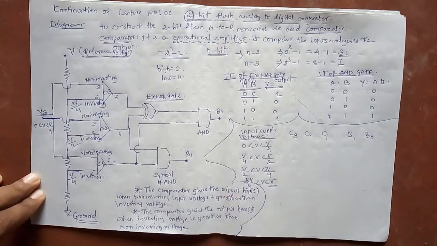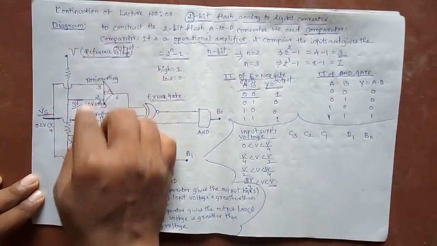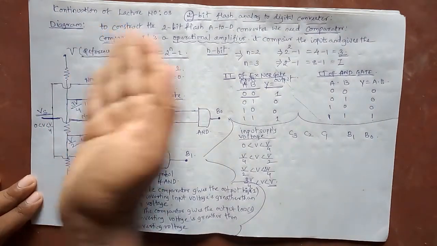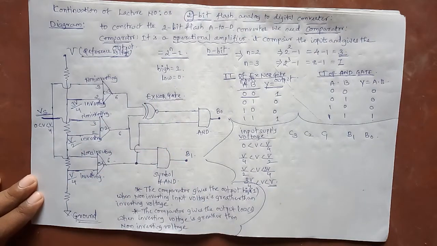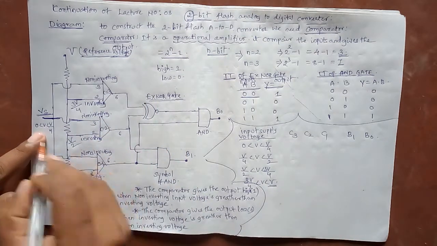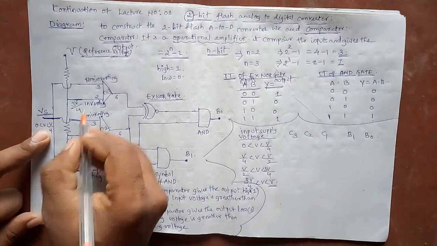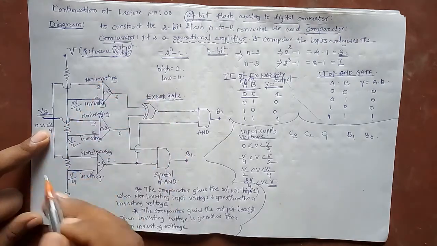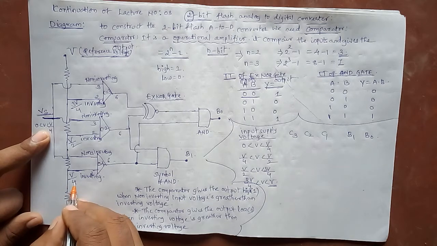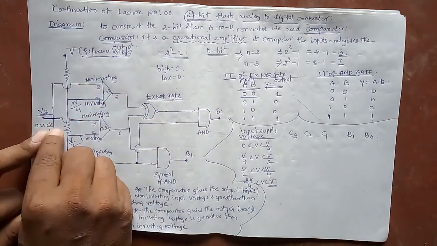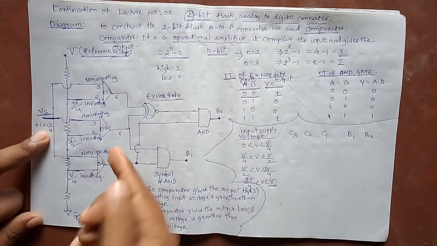Here we supply the reference voltage and here we supply the supply voltage. Compare the voltages. Here voltage is less than V/4, which means the non-inverting terminal gets voltage less than V/4. Here we have V/4 comparison. At every situation we supply less than V/4 to the non-inverting.